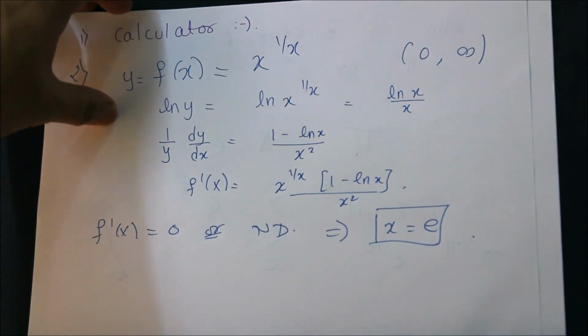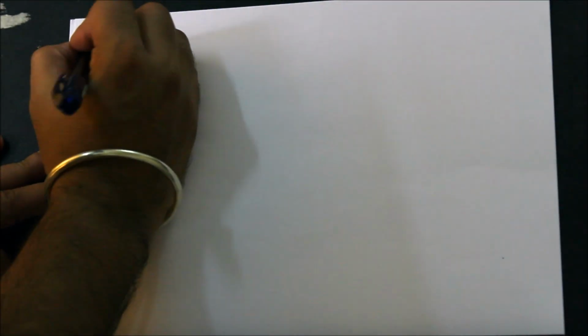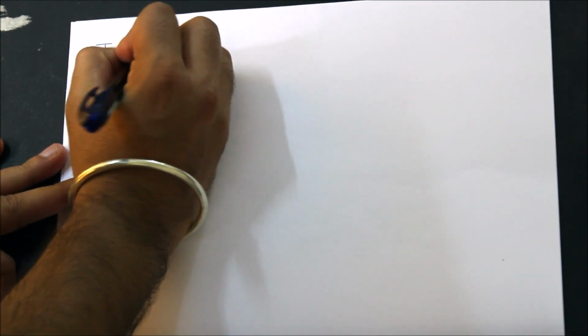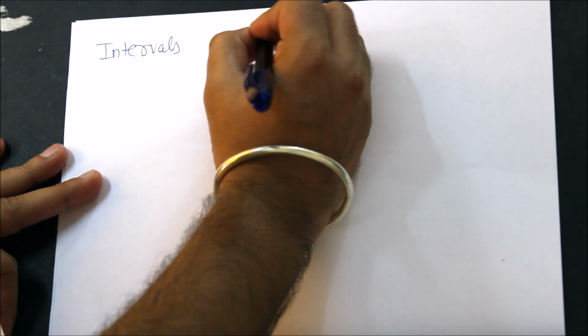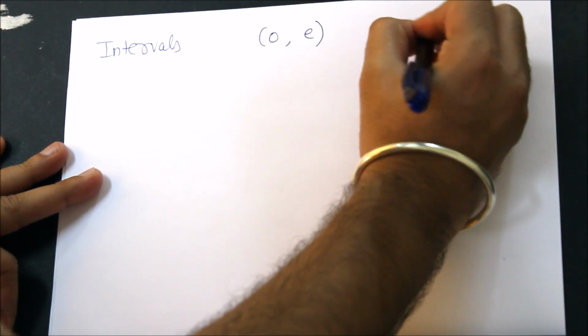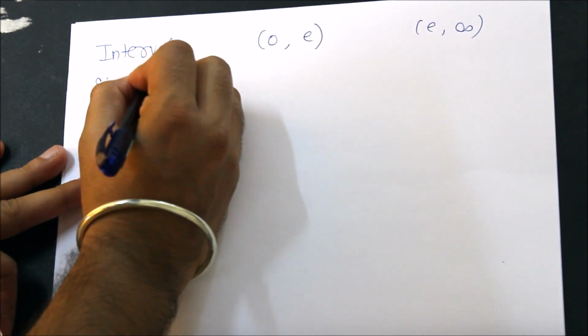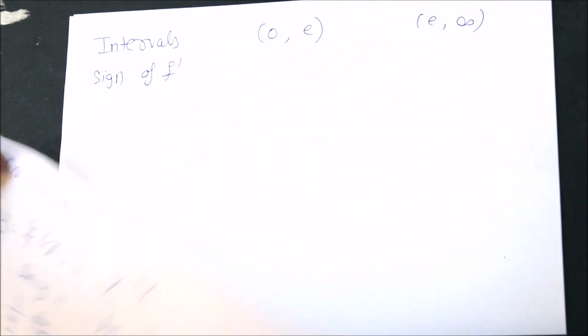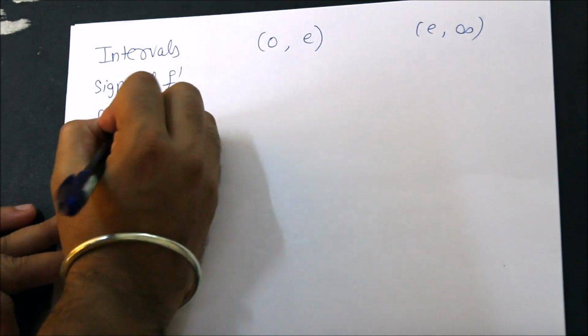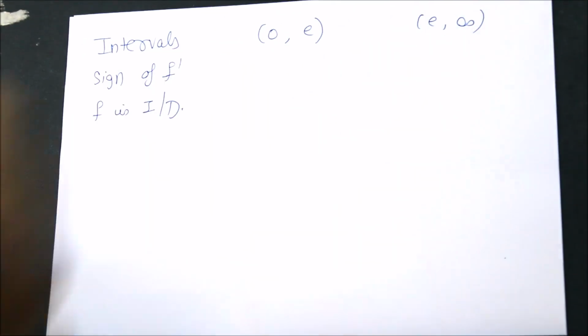What does the first derivative test say? You first construct the intervals, so in this case 0 to e and e to infinity, and then you check the sign of the derivative, and then you conclude whether your function is increasing or decreasing.